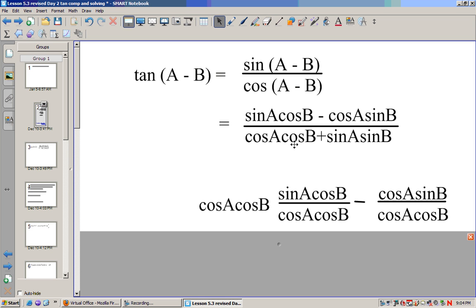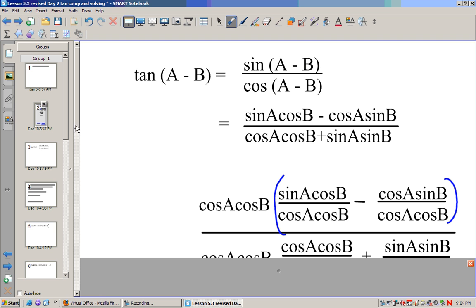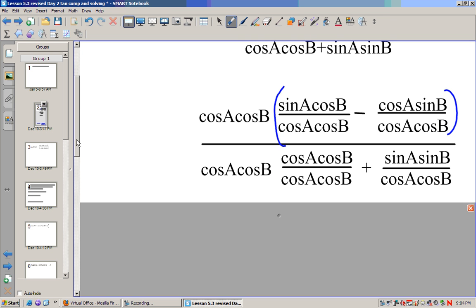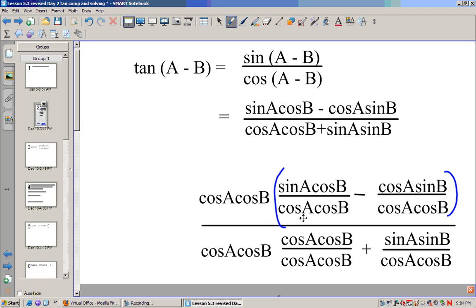So if I take cosine A, cosine B out of the top, this is just the numerator that I've uncovered, it's like I'm dividing by cosine A, cosine B from both sections. And I do the same thing to the denominator. So it'll look like this.